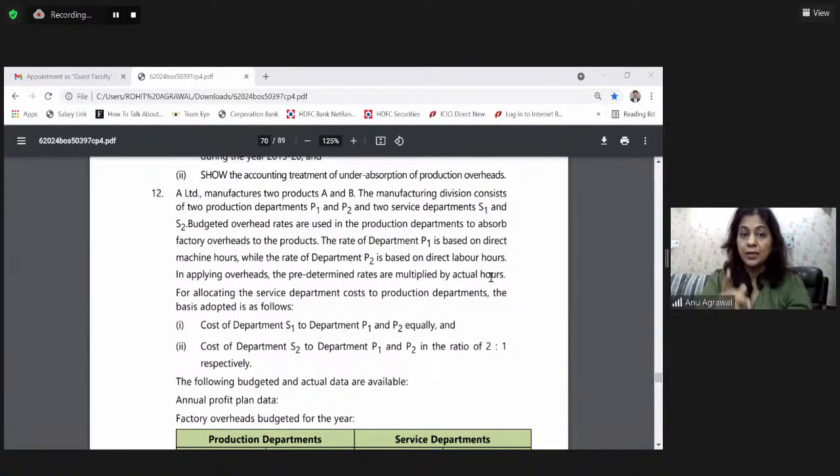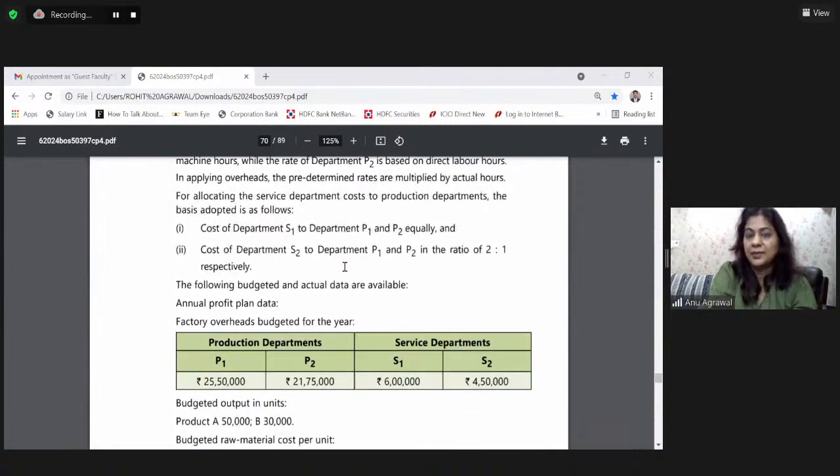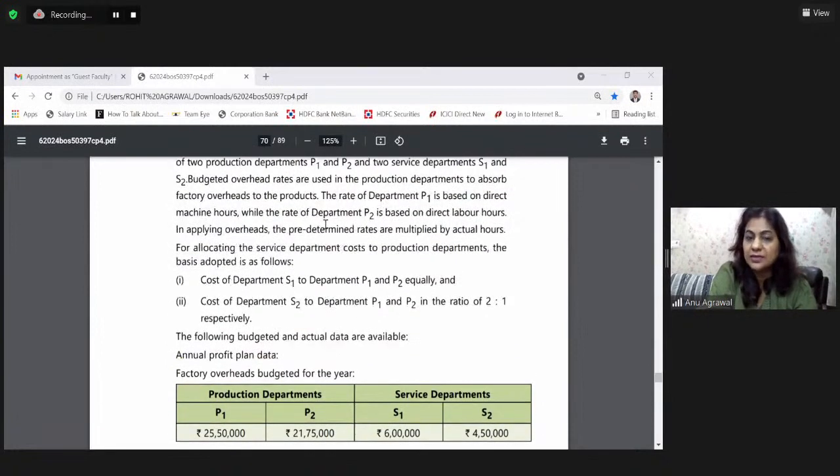Now, back to this question. You said department P1 is based on machine hours while P2 is based on labor hours. They said that in applying overheads, predetermined rates are multiplied by actual hours. Whatever is written in the question is exactly how things happen.